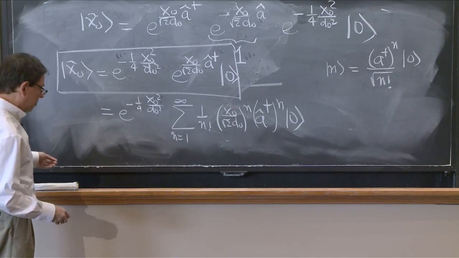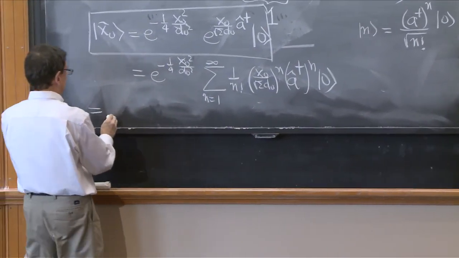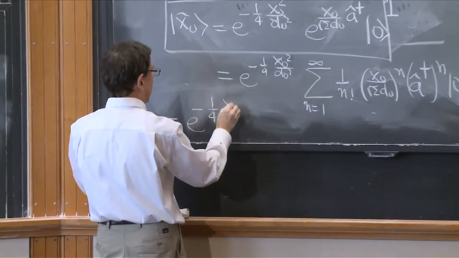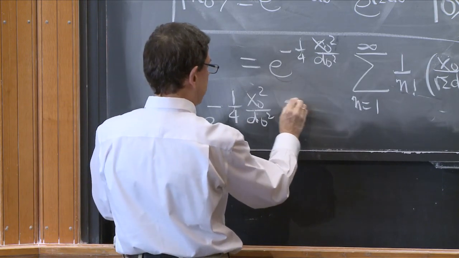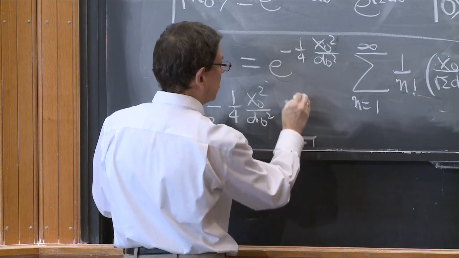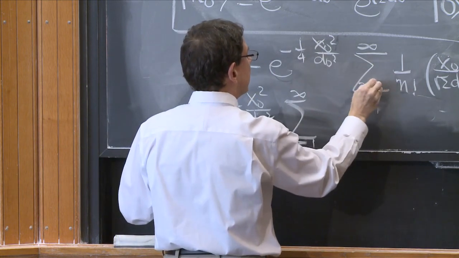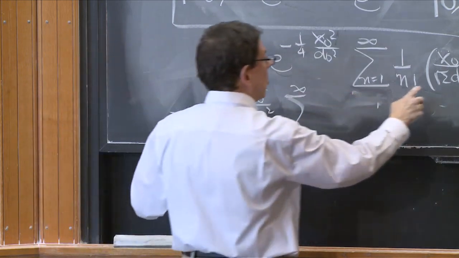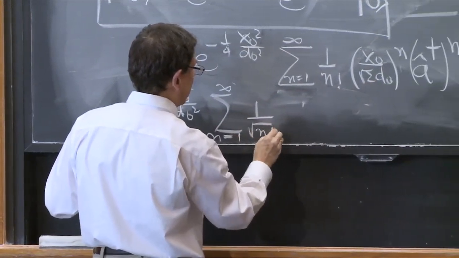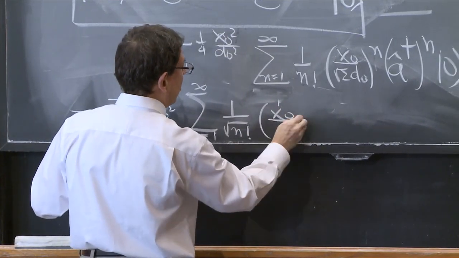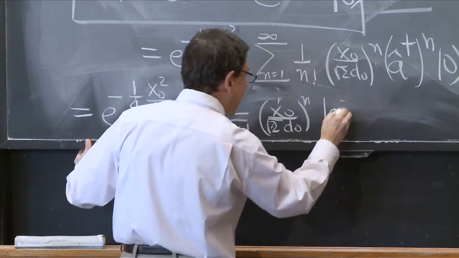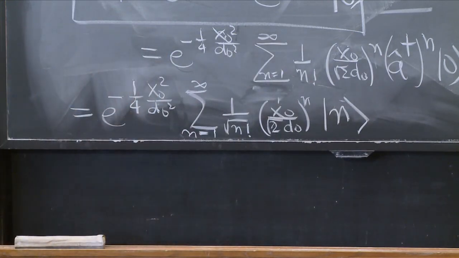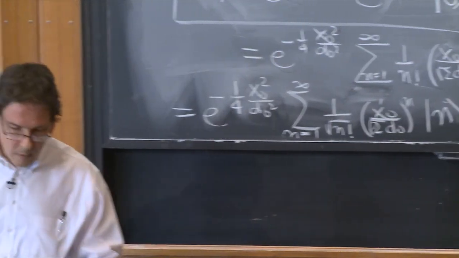We get e to the minus 1/4 x0 squared over d naught squared, sum from n equals 0 to infinity, 1 over square root of n factorial, x naught over square root of 2 d naught to the n times the nth energy eigenstate. It's a little messy, but not so bad.